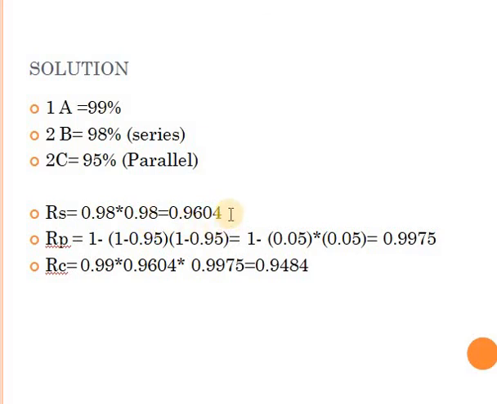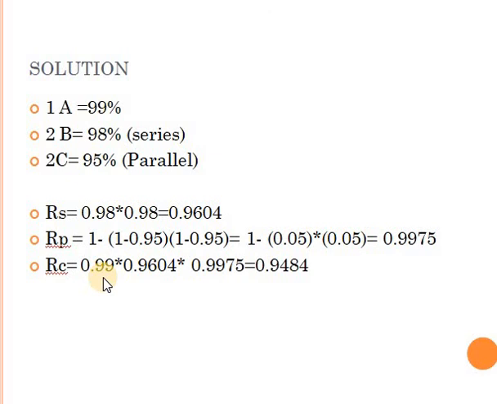Now, RP, which is the arrangement in parallel: I have two C's arranged in parallel. Both have the reliability of 95%. So applying the equation, 1 minus 0.95 times 1 minus 0.95 will give me 0.9975. Now the combination of the overall system, what do I have? One component of A having 99% reliability, so I will say 0.99.